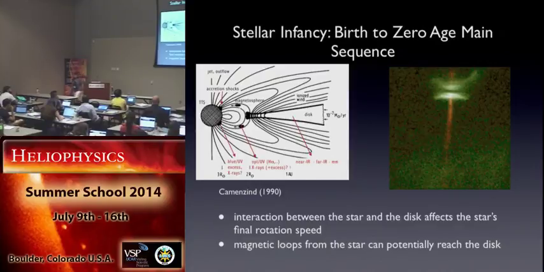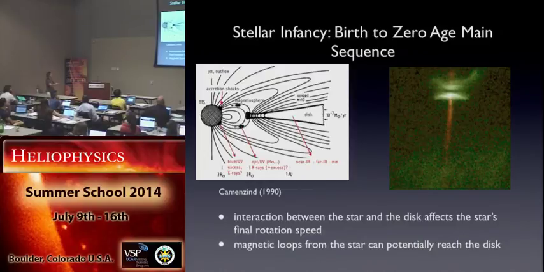This is a similar plot to what I showed you before, showing that you can have these coronal loops that might be interacting with the disk of the star. You've got a whole bunch of other processes like jets and outflows. You can actually see one of those here in this image from the Hubble Space Telescope.